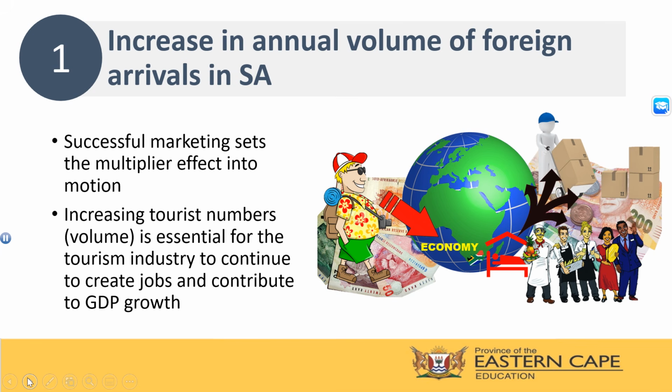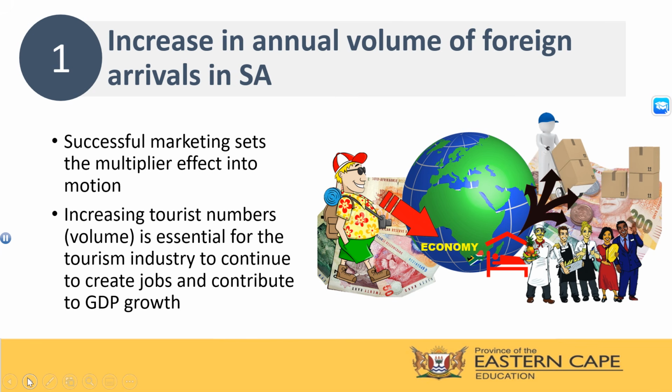So if you have successful marketing, you're going to have your tourists coming into the country with their money that they bring in with them, which ends up at the end of the day putting the multiplier effect into motion. And that obviously goes hand in hand with job creation and contribution to GDP growth. Because if you have more tourists coming in, you've got more foreign money coming in.